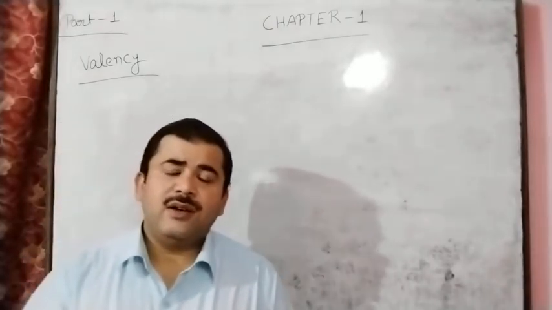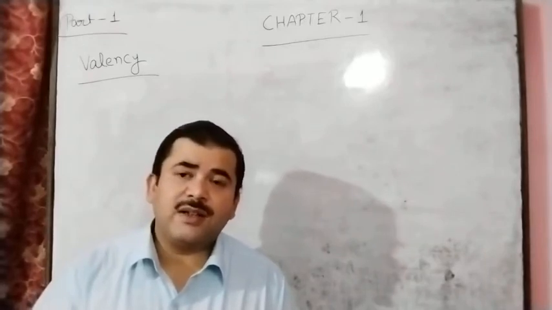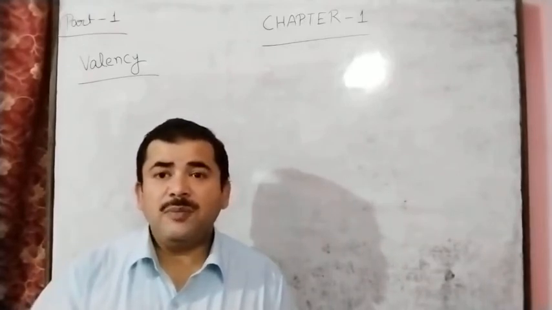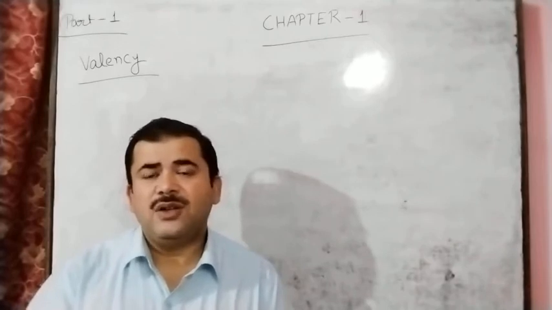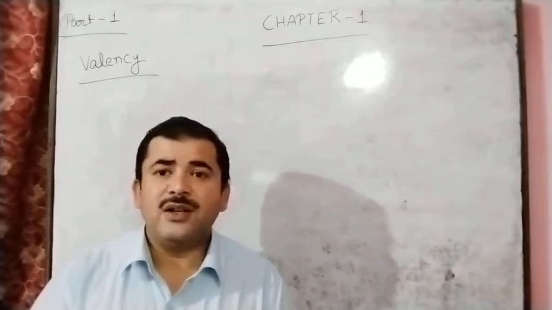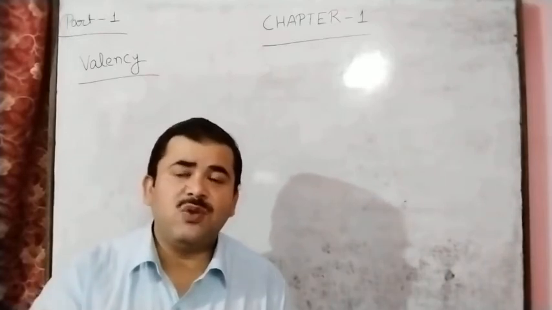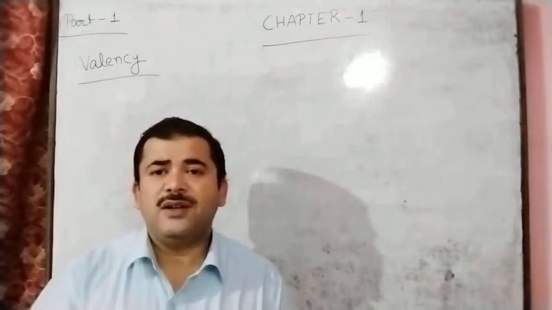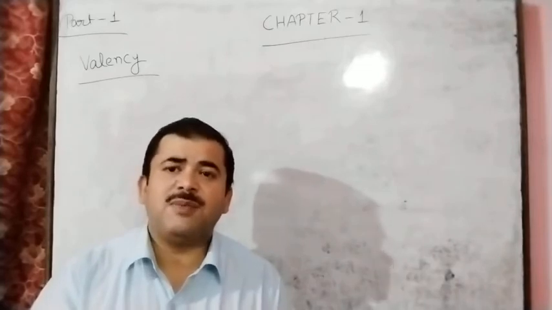And why does the atom lose, gain, or share electrons? Only for stability. So the atom loses, gains, or shares electrons so as to complete the nearest noble gas electronic configuration, only for stability.